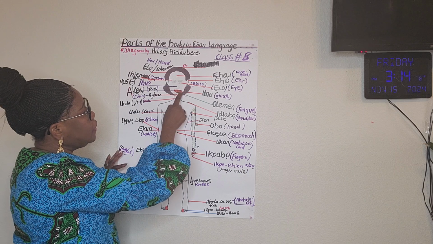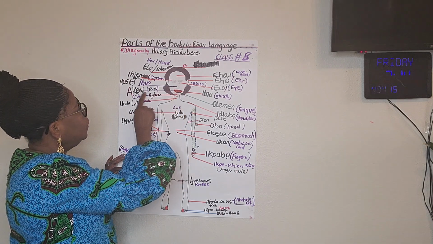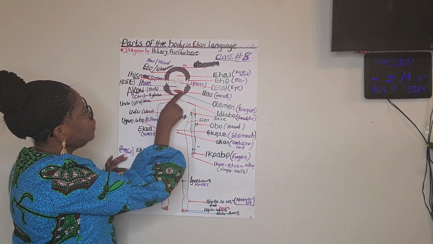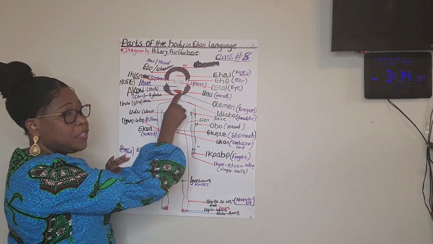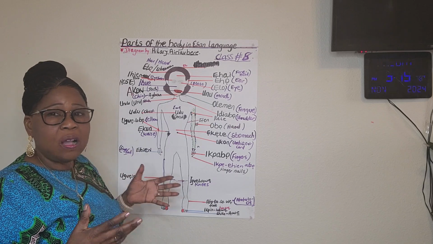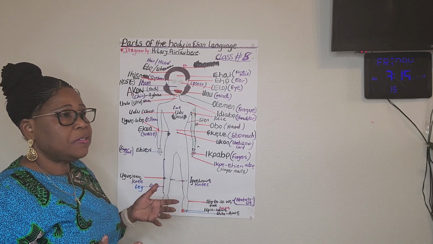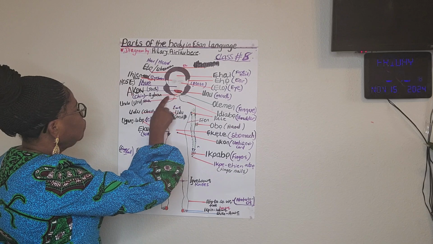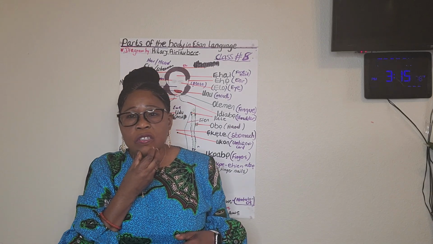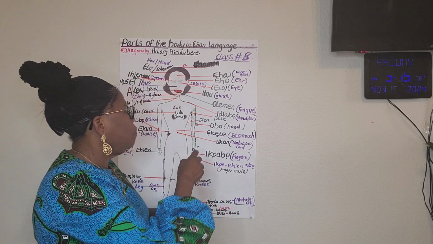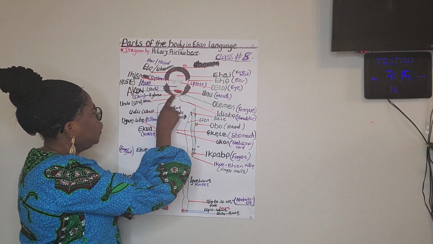Now you see the black teeth or blue. This represents the lady's teeth. Those dot, dot, dot. That's the teeth. And teeth is simply called akom. Akom in Esan. Now, below that you see this little thing. This one is called agba. Agba, right there, chin, agba.